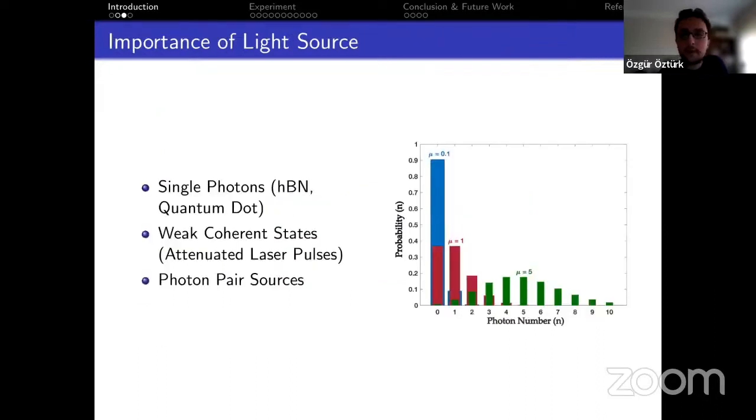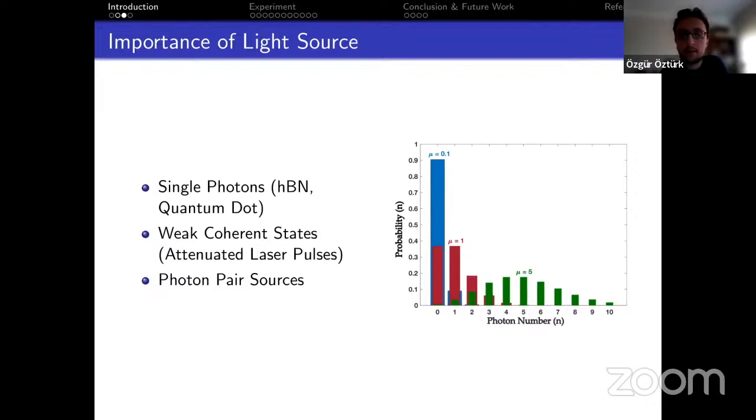So I want to emphasize the importance of the light source. This is the most crucial part of a QKD system. For achieving ultimate security, we need single photons. Actually, we can obtain single photons from quantum dots or quantum emitters such as hexagonal boron nitride, and there are weak coherent states, which are obtained from attenuated laser pulses.